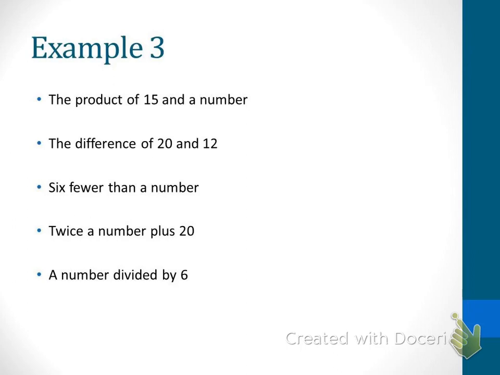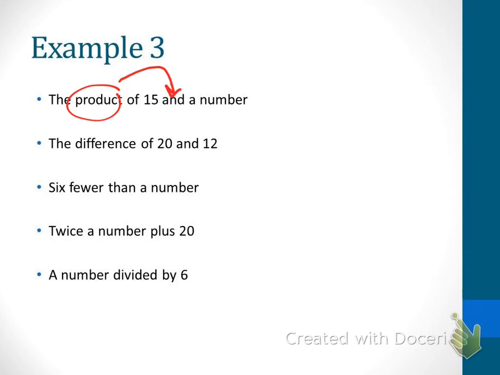Does anybody see the operational key word there? What tells me what operation it is? I heard it. Product, right? Product means to multiply. But do I put my multiplication sign first? No. Where I see the word and is where the multiplication sign goes in that expression. It's joining the variable and the number together.